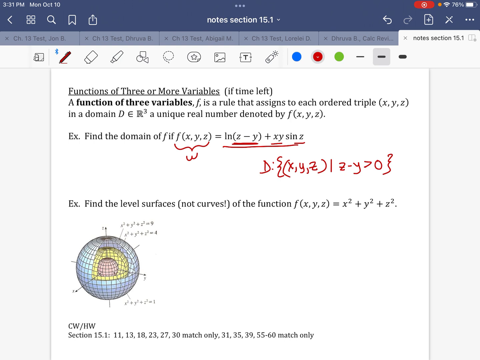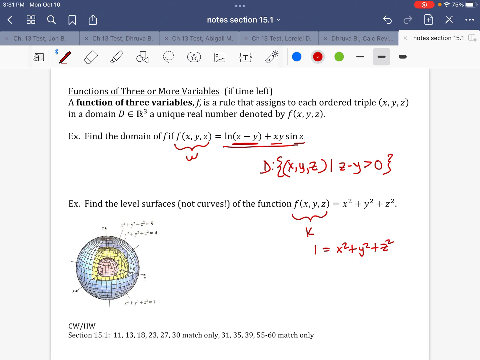Okay. And the last thing right here, if you have level surfaces, so we were doing level curves because if we have a function of x and y, you're going to get a level curve when you set your function equal to a constant. Well, if I set this equal to a constant, I'm going to get something like this. 1 equals x squared plus y squared plus z squared.